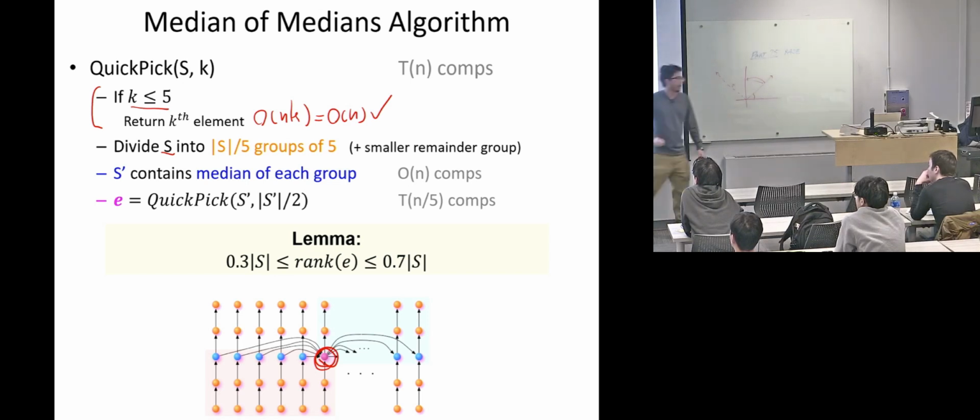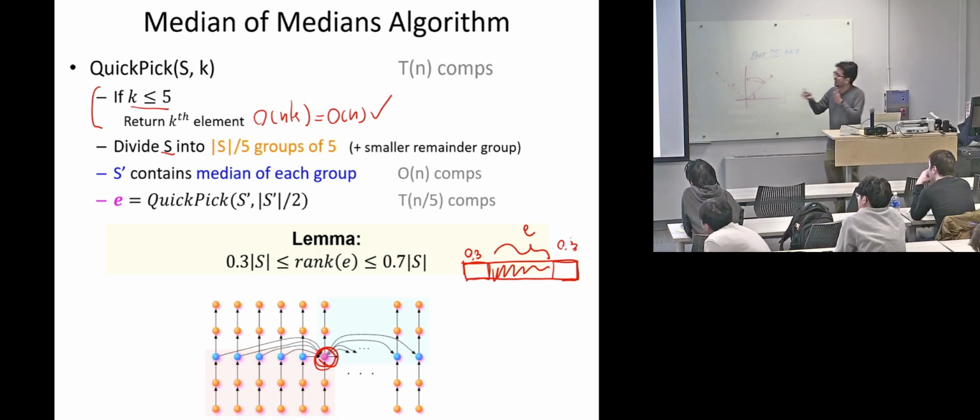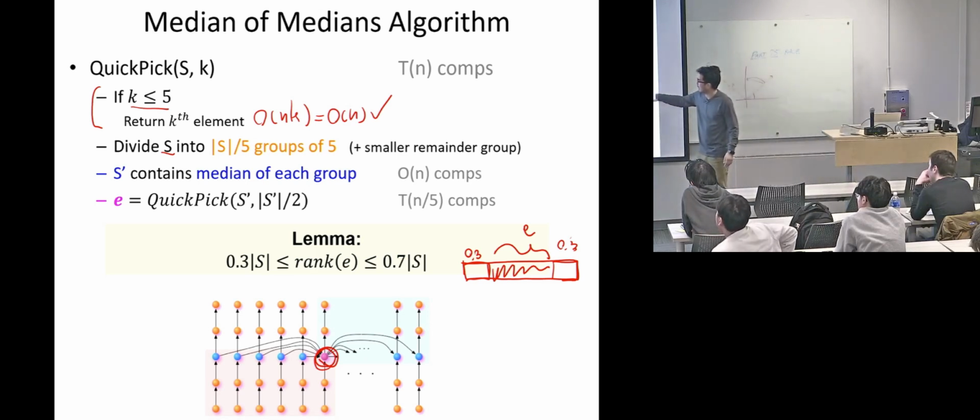So if this is the set, there is a 0.3 fraction here and a 0.3 fraction here, and the rank of E is in this range. It's not on the extreme.